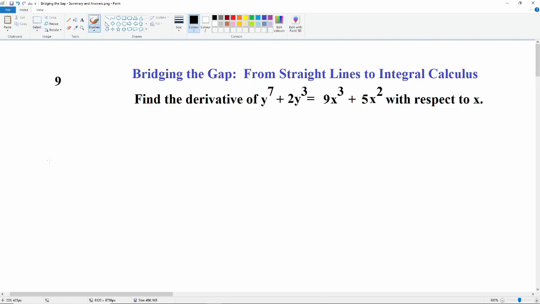Okay, so we can say that the derivative of y to the power 7 plus 2y cubed with respect to x, which of course we could have also said the derivative of y to the power 7 plus the derivative of y cubed. In fact, we probably could do that just to show that it's definitely possible to do.